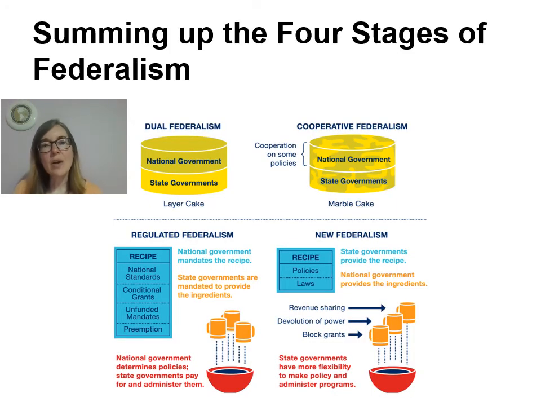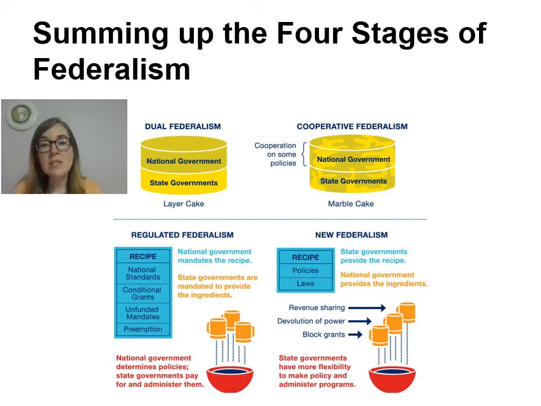So here is how the book sums up the 4 stages of federalism. Think about cake. So dual federalism is like a layer cake where the roles of the national and state governments are really distinct from each other. Cooperative federalism is more like a marble cake where it's blended, and you see in some policies both state and national government are involved.